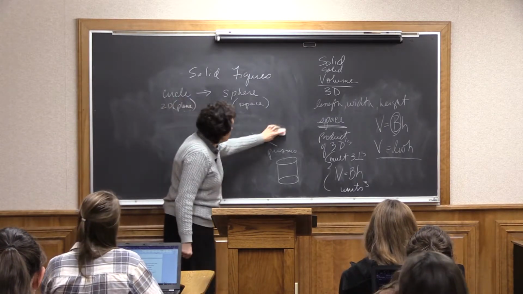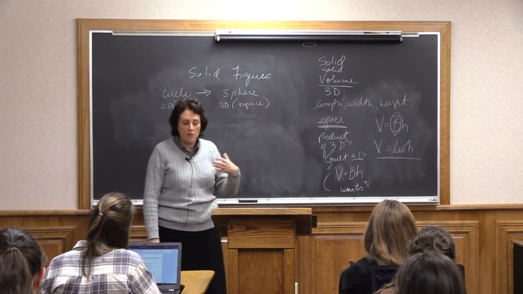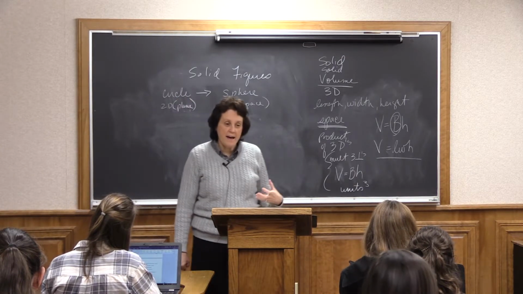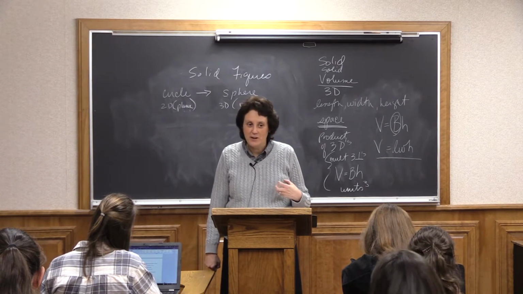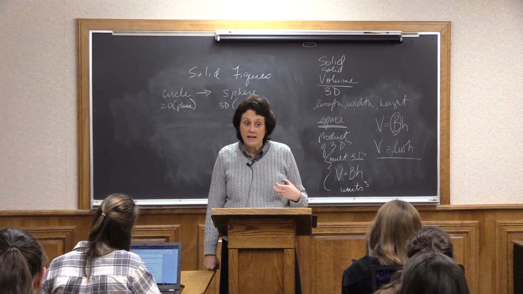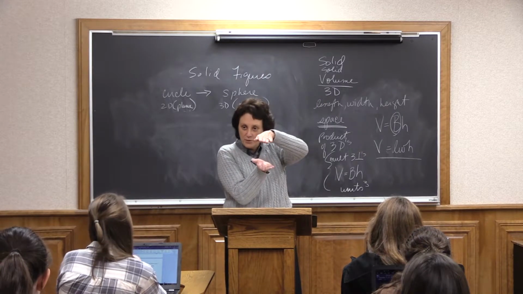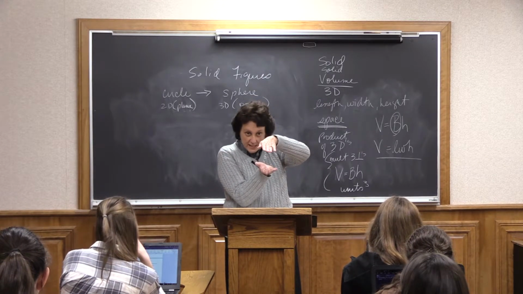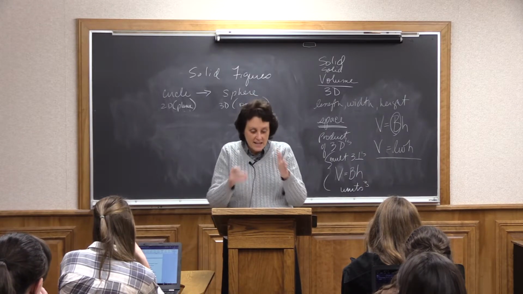We have a rectangular solid, which is a rectangular prism. We have a cube. And basically, a cube is a cube is a cube. Nobody calls it a square prism, though you could. You can even have a pentagonal prism, where the bases are two congruent pentagons. You can have a hexagonal prism, where the bases are two congruent hexagons.